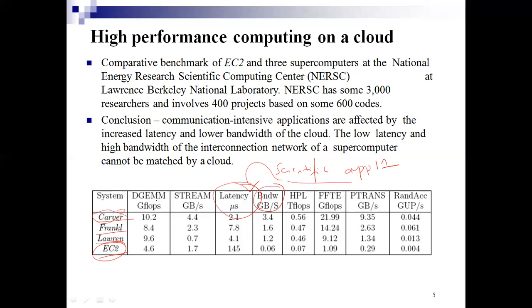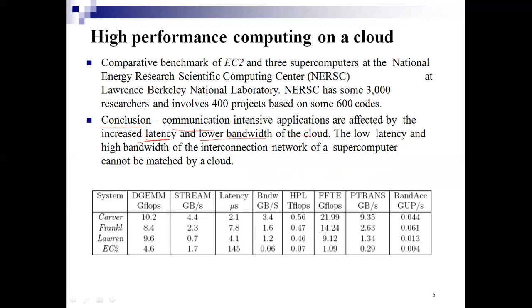So here we have a comparison where the results of the measurements are reported. These are the results we have got from high performance computing on a cloud. The conclusion here is that the communication intensive applications are affected by the increased latency and lower bandwidth of the cloud.